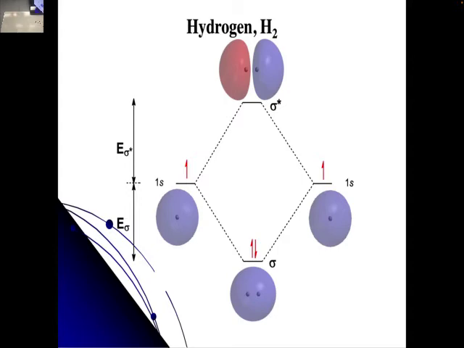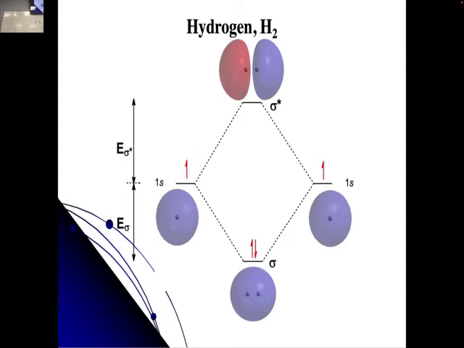We call that sigma. A sigma bond is a single bond, okay? So it forms a single bond between both of those hydrogens, and both of the electrons are now in the lowest energy molecular orbital, which is represented as a stick. That stick between the two hydrogens is the sigma molecular orbital that's holding the two things together, okay?